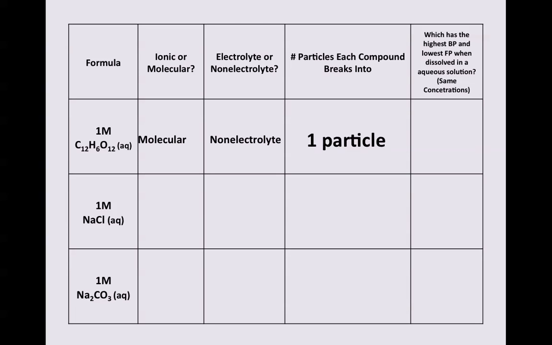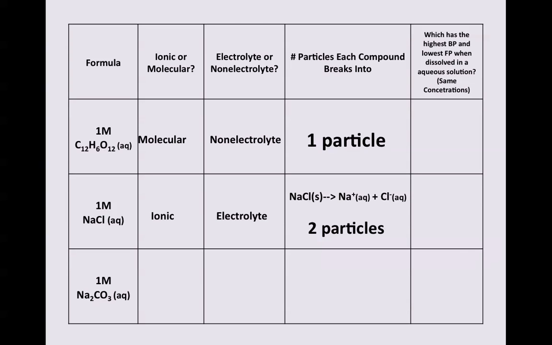If I take a 1 molar sodium chloride solution, I have a metal and a nonmetal, so it's ionic, and ionic compounds are going to be considered electrolytes. So we want to look at the formula for NaCl. Keep an eye out for any polyatomic ions that would have to stick together. NaCl does not have any. So NaCl would break up into a sodium ion and a chloride ion, so 2 particles.